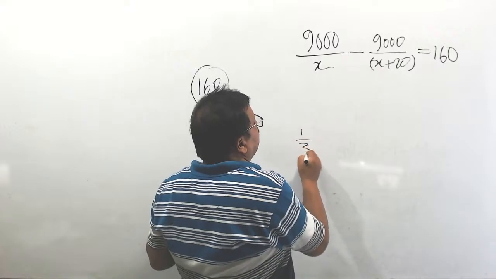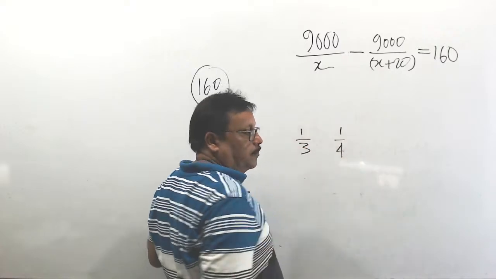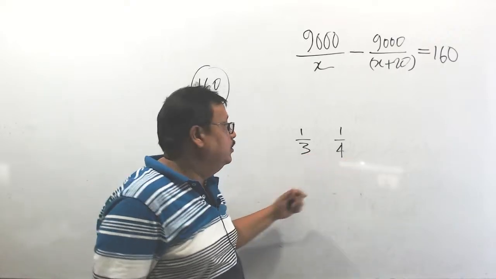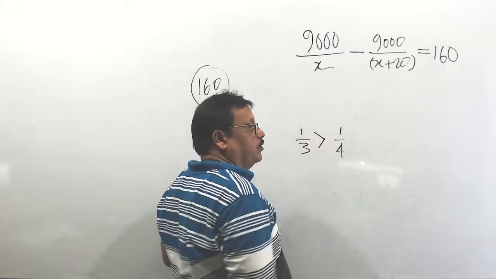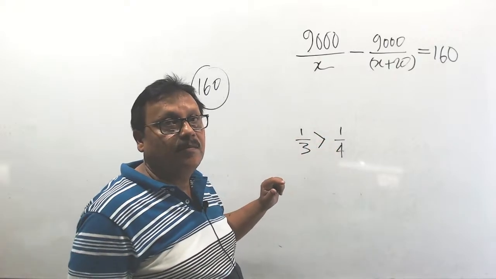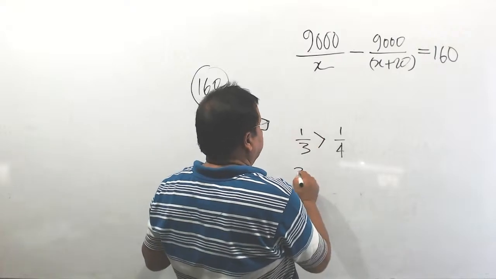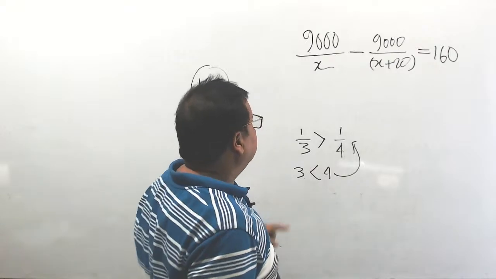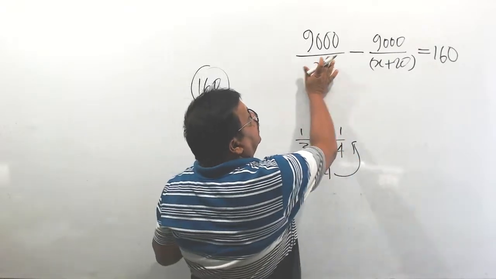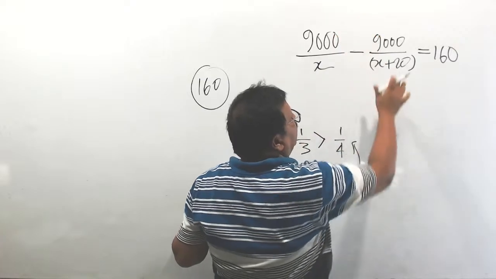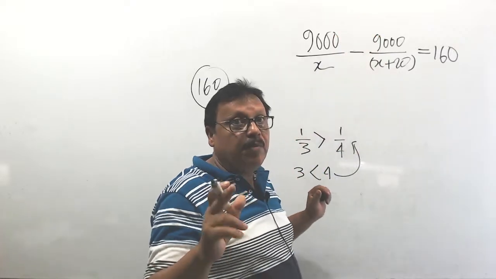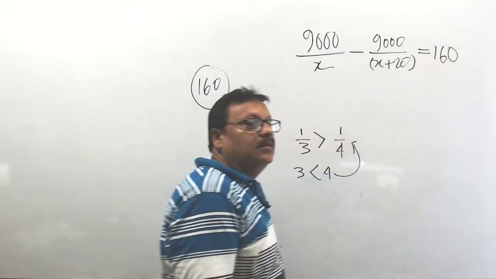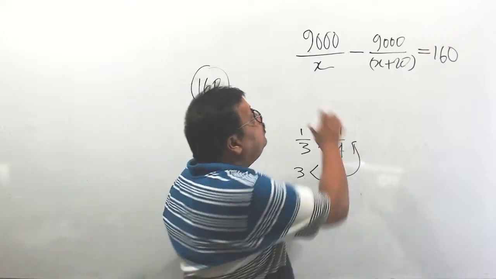Which is more, 1 by 3 or 1 by 4? 1 by 3 is more, 1 by 4 is lesser. So this is greater, this is lesser, and the difference is the less amount each will get. Now you have to solve this one.